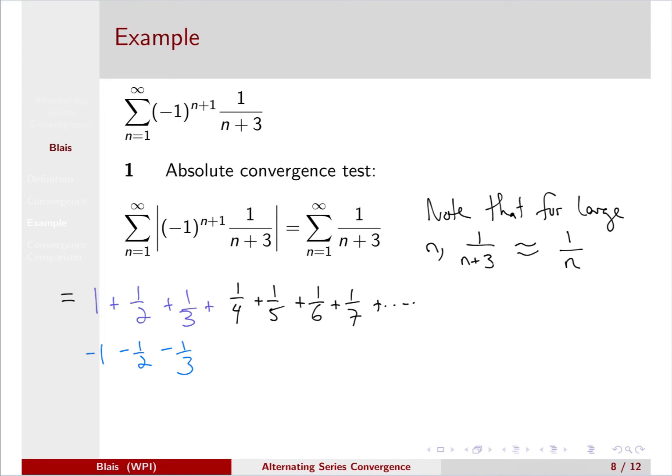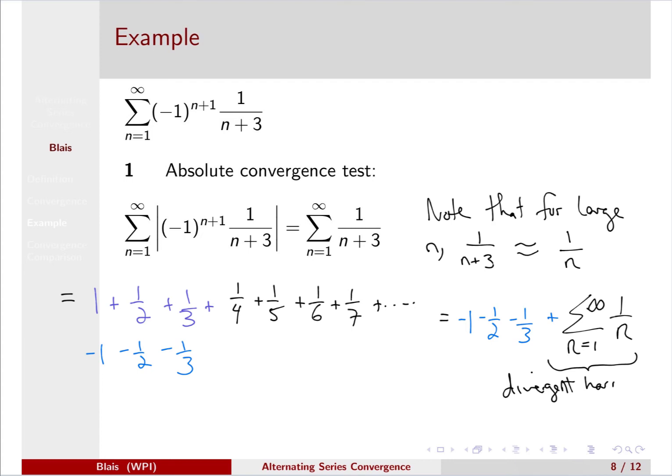And so what we have is this entire sum is minus 1, minus a half, minus a third, and then we can lump all of this together as the sum, n going from 1 to infinity of 1 over n. And again, we know this is the divergent harmonic series.